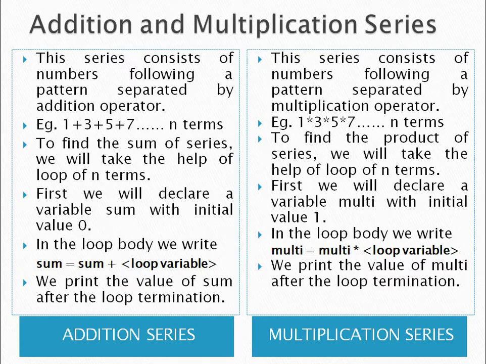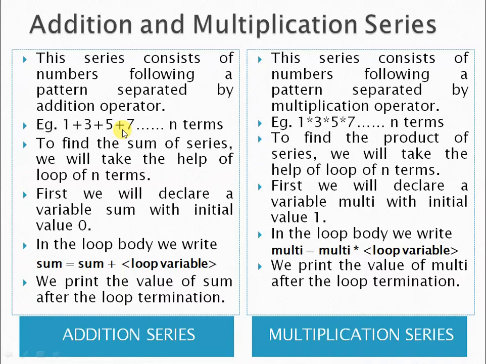So if you see in this example, this is the initial value, this is the ending value, and you have to increment it by 1 plus 1. Okay, so there is an increment, and you have to do something, that is, you have to perform addition operation at each step.